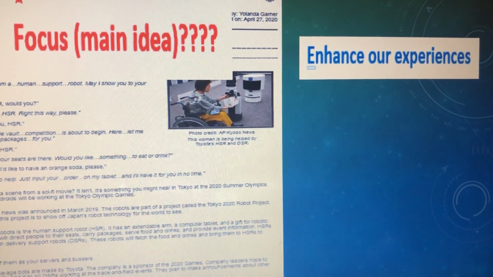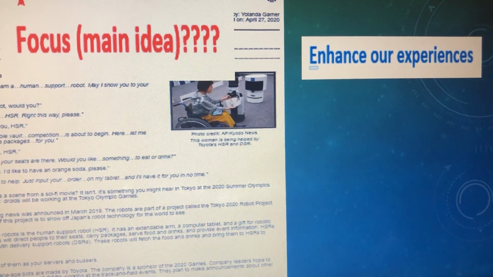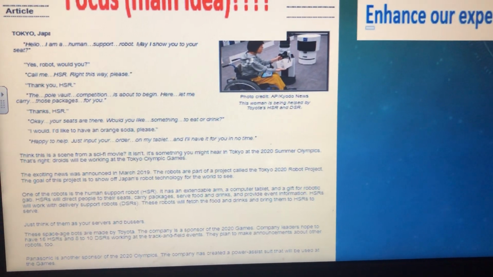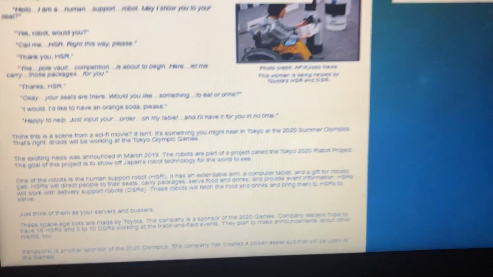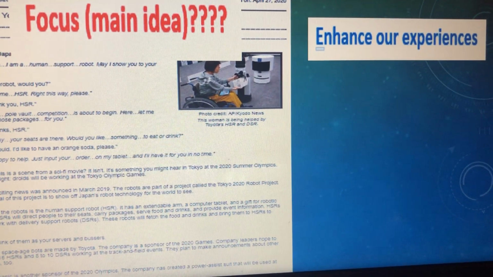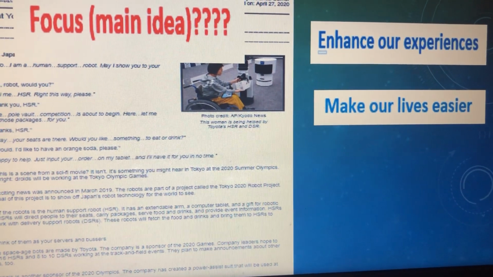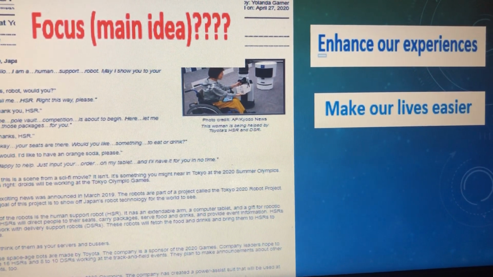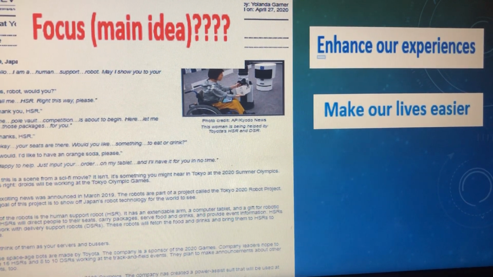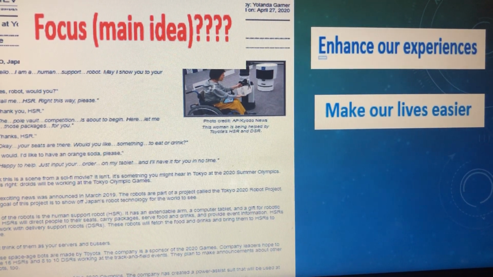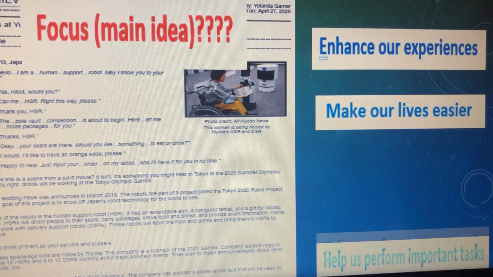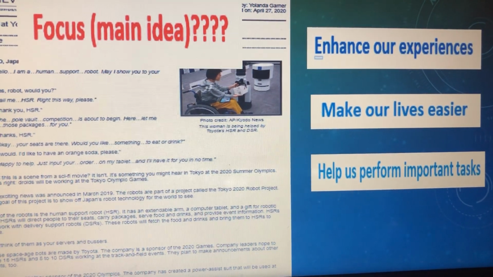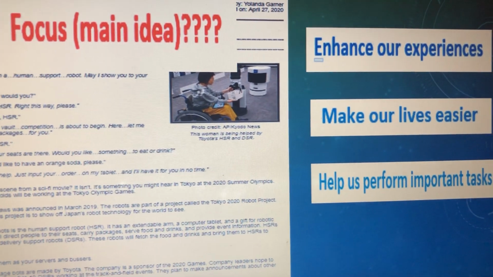And also robots helping us carry heavy packages or transporting things, that's an experience. Another way of saying the main idea would be that those robots help make our lives easier. Another way of saying the exact same thing is that robots, or those droids, help us perform important tasks.